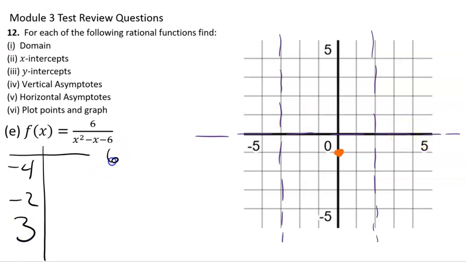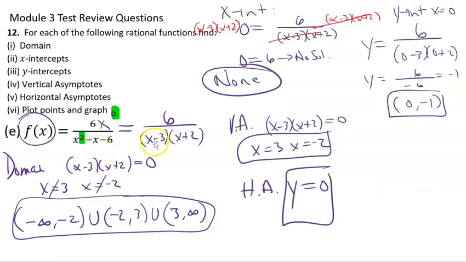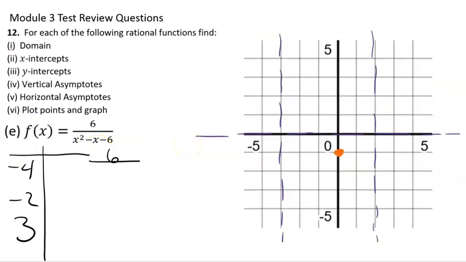Where am I going to plug it in? The original or the factored one. I kind of like the factored version. Remember, it was 6 times x minus 3 over x plus 2. So that would be negative 4 minus 3 times negative 4 plus 2.